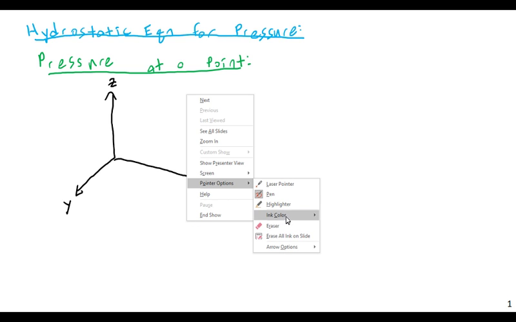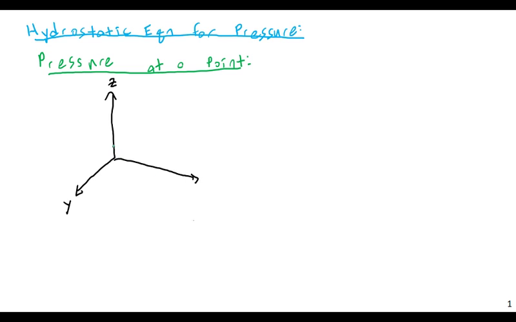Now I'm going to project a little backwards from this, and I look at a little triangular prism in this fluid. Man, that looks really bad.